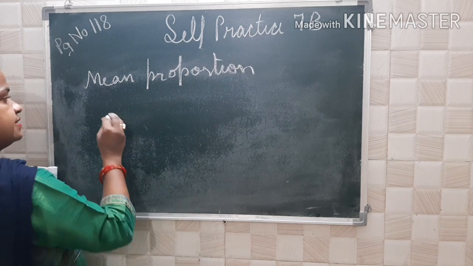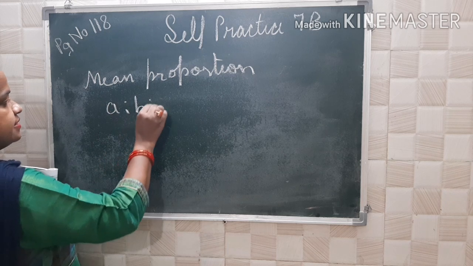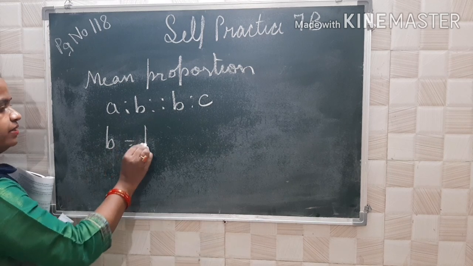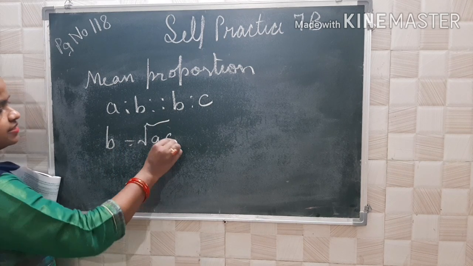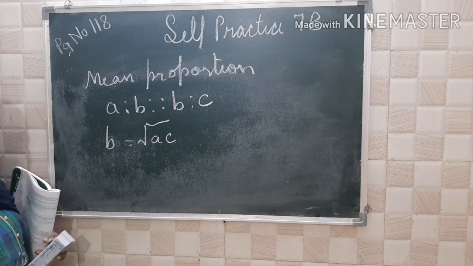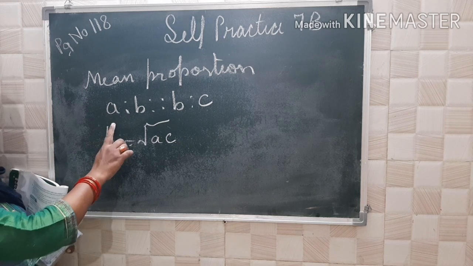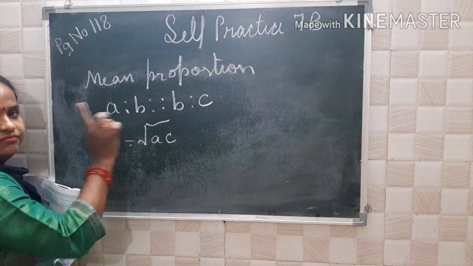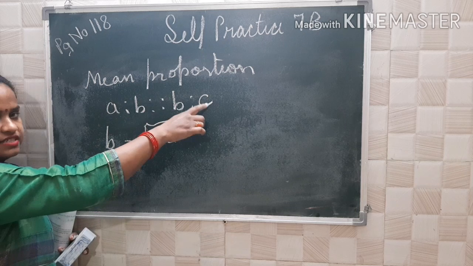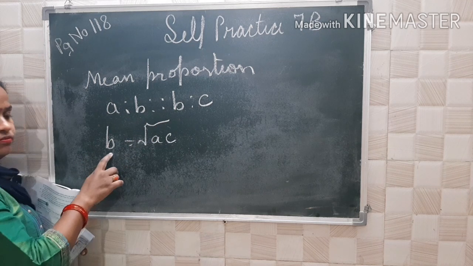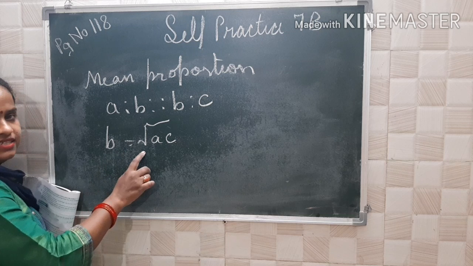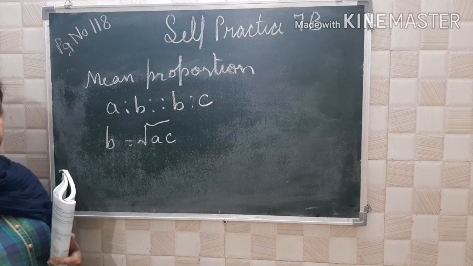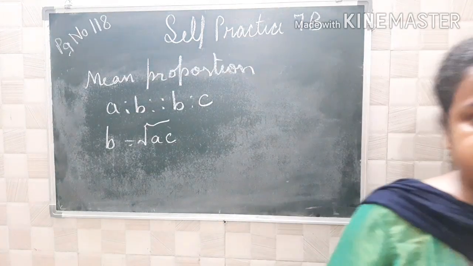Mean proportion means A is to B such that B is to C. B is repeating, so it should be one value. The product of extremes will be the product of means, so B square is equal to AC. You can write B is equal to root AC. Correct?